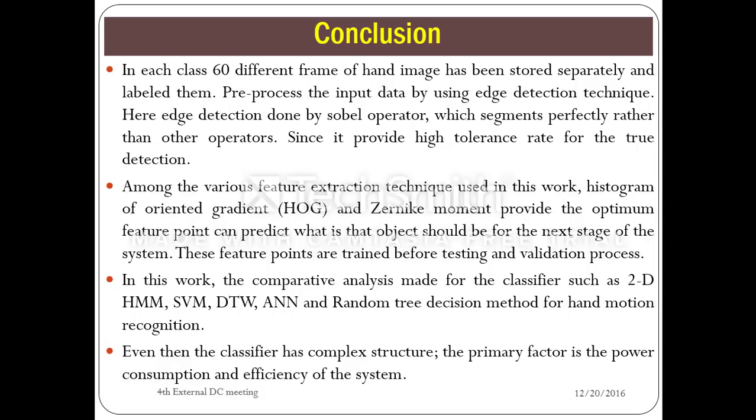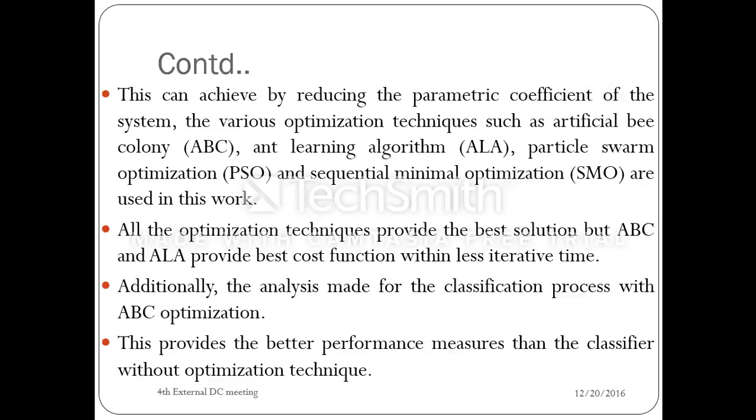For the hand motions, in this achievement the reduction of a parameter coefficient of the system uses various optimization techniques: we are using the artificial bee colony algorithm, a learning algorithm, particle swarm optimization and sequential minimal optimization in this work.